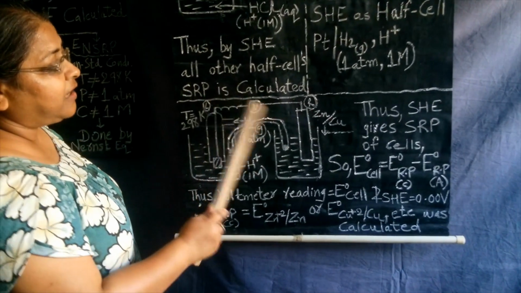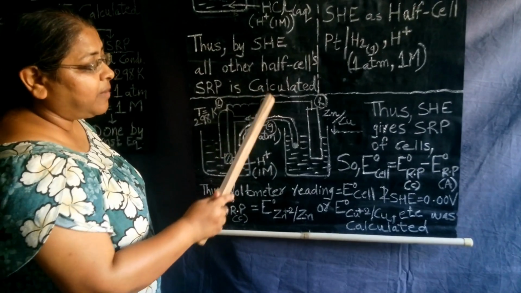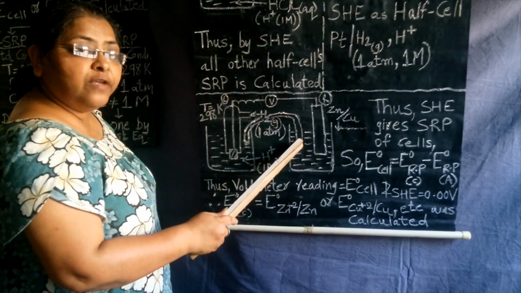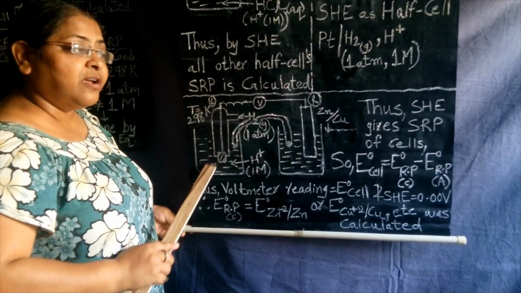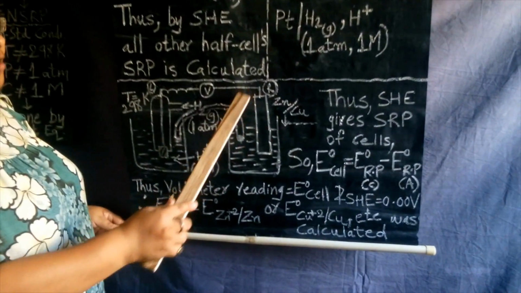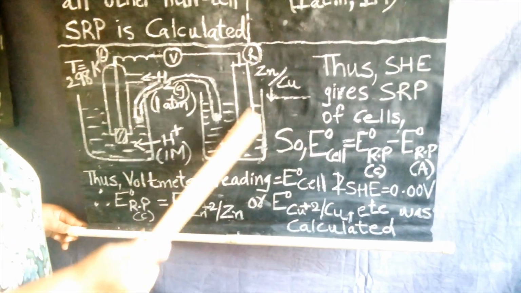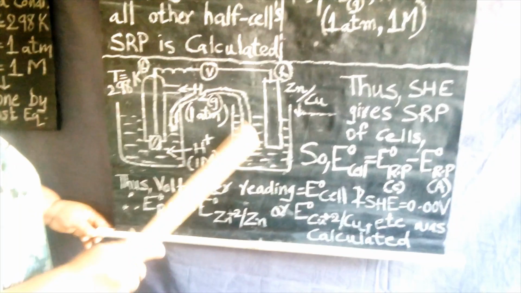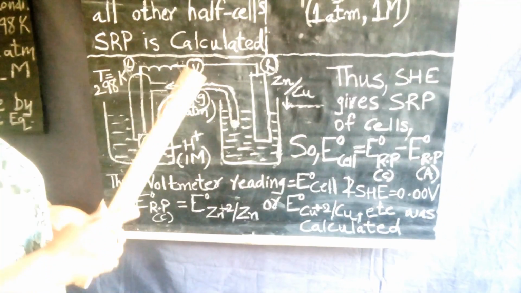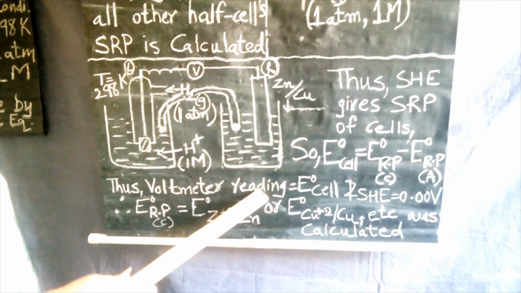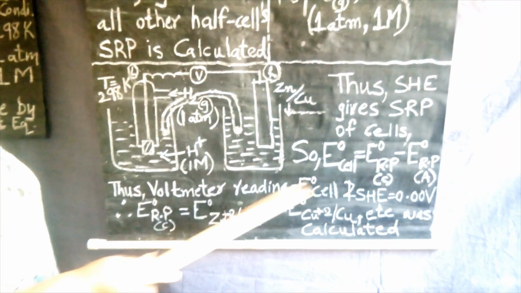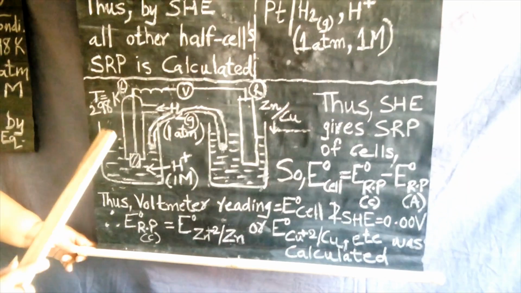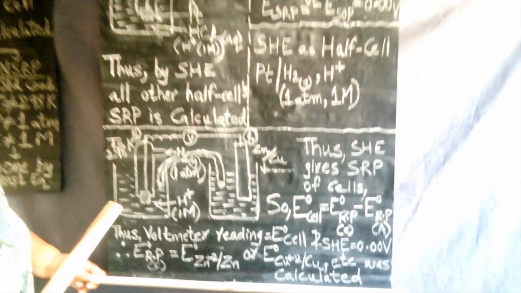And with this conducting wire and this conducting wire, a voltmeter is fixed, and the salt bridge is connected between these two cells. One is the standard hydrogen electrode and another is the metallic electrode whose reduction potential is to be calculated. Then this salt bridge will start functioning and we will get a voltmeter reading, which will be considered as the standard cell potential, because the hydrogen electrode value, as set by IUPAC, is always 0.00 volt.